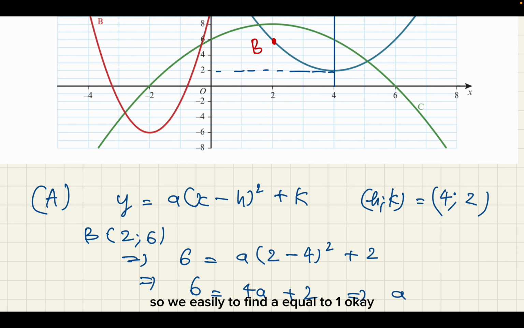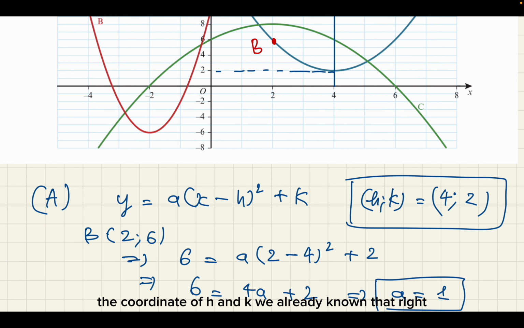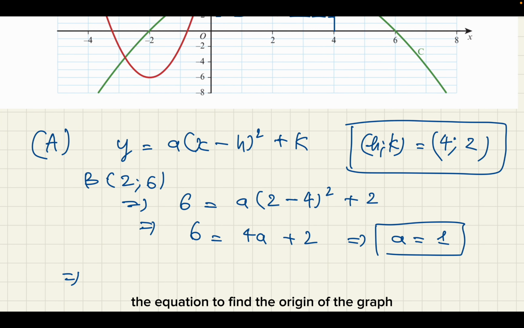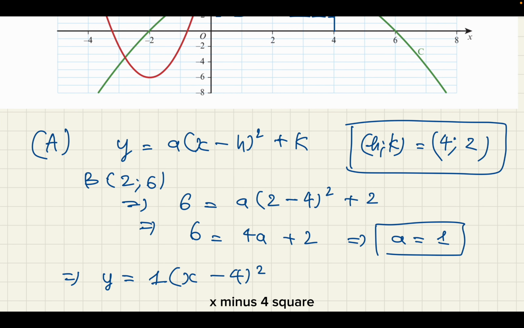We can easily find that a equals 1. The coordinates of h and k we already know, so plug them into the equation to find the original graph equation: y = 1(x - 4)² + 2. So here is the equation of the blue graph.